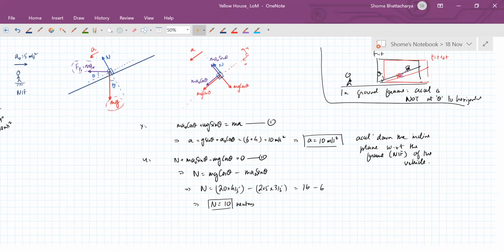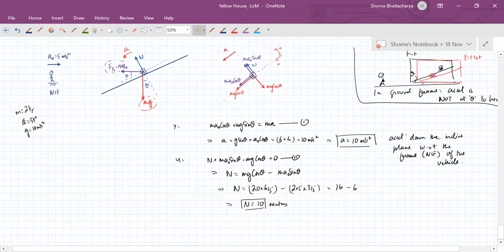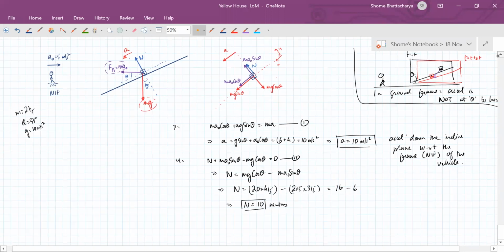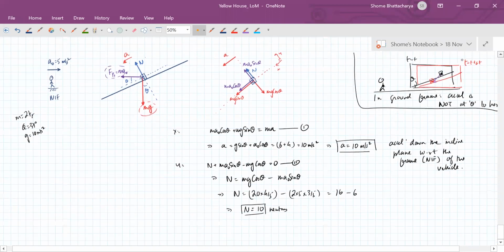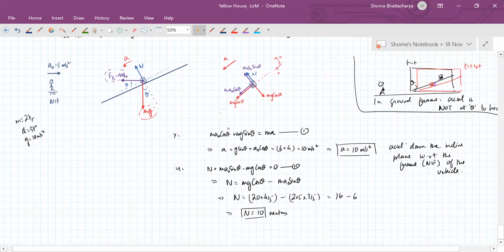Okay, so that is the importance of pseudo force and non-inertial frame. It is for situations like this where it is not possible to analyze directly in the ground frame how the motion is, because the motion is very specific with respect to a moving frame. So in situations like this, the application of pseudo force becomes very important, because we only have the option of making the free body diagram in the non-inertial frame.